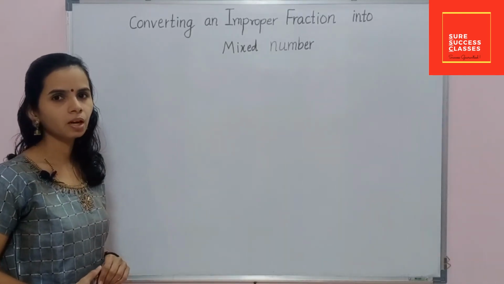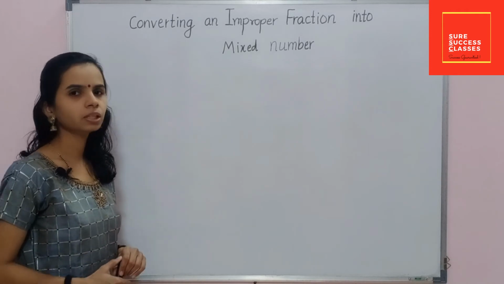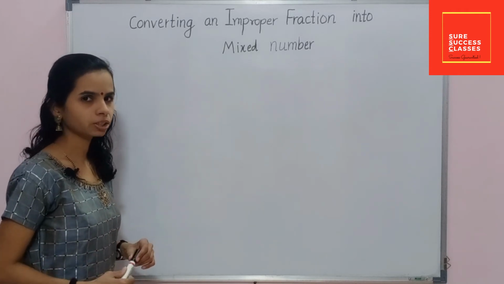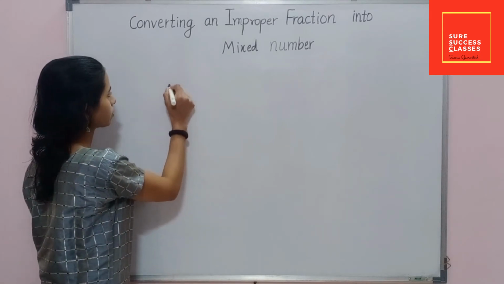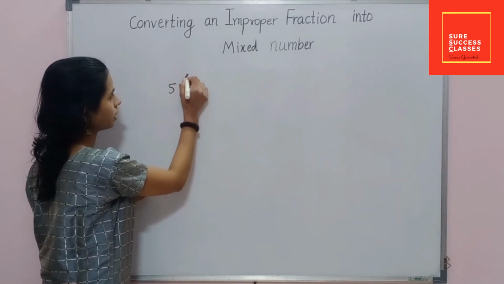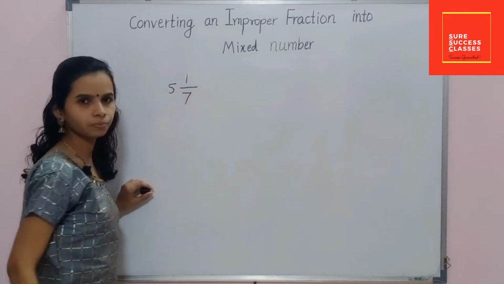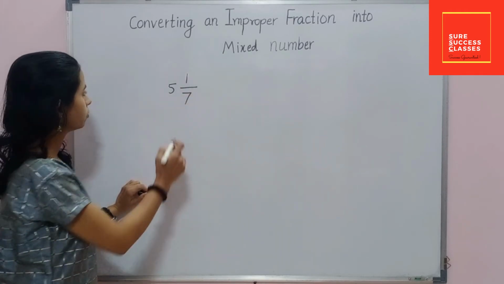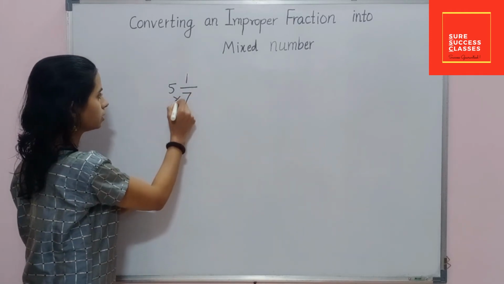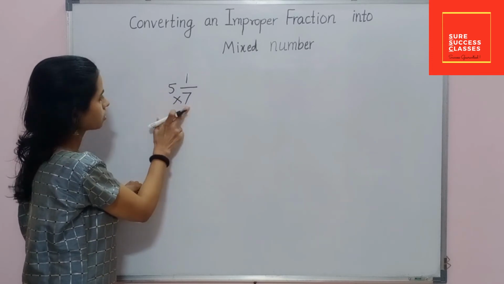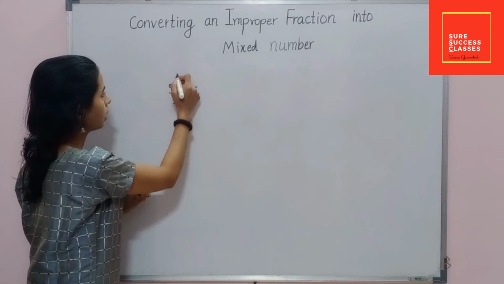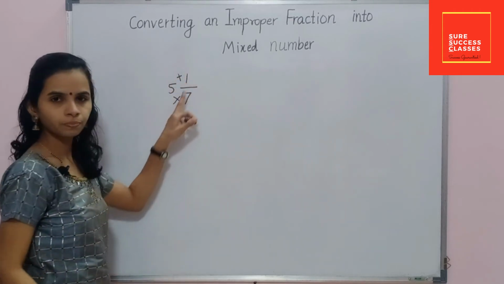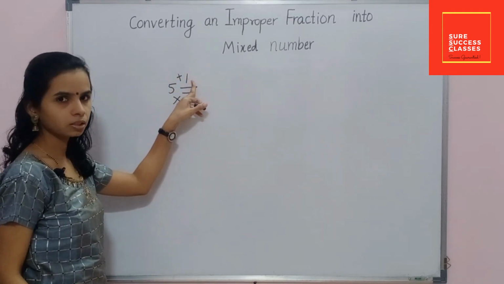Now we will see how to convert mixed number into improper fraction. Suppose mixed number is whole number 5 and 1 by 7. At that time we will multiply these two numbers, denominator and whole number, and add it into this numerator.